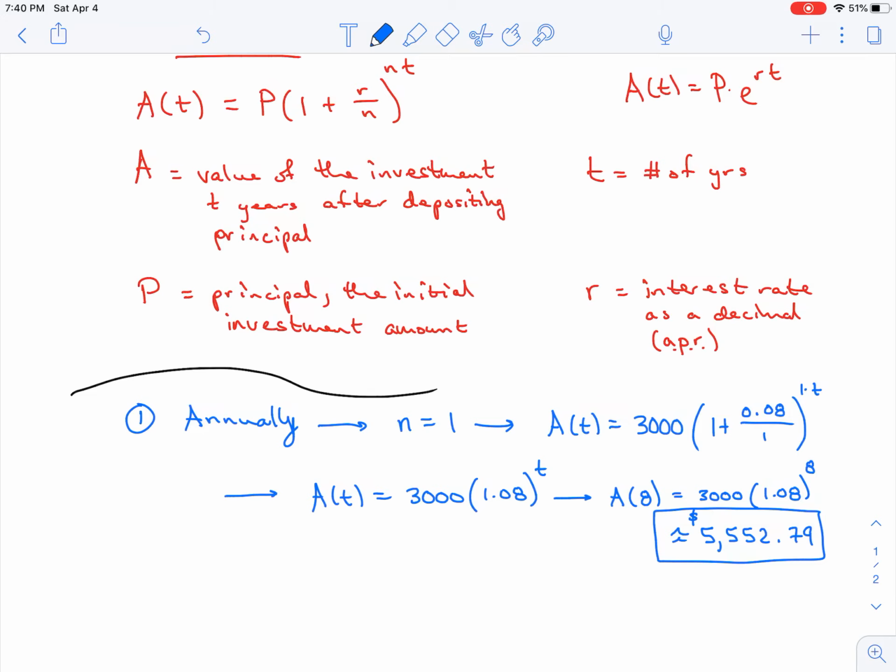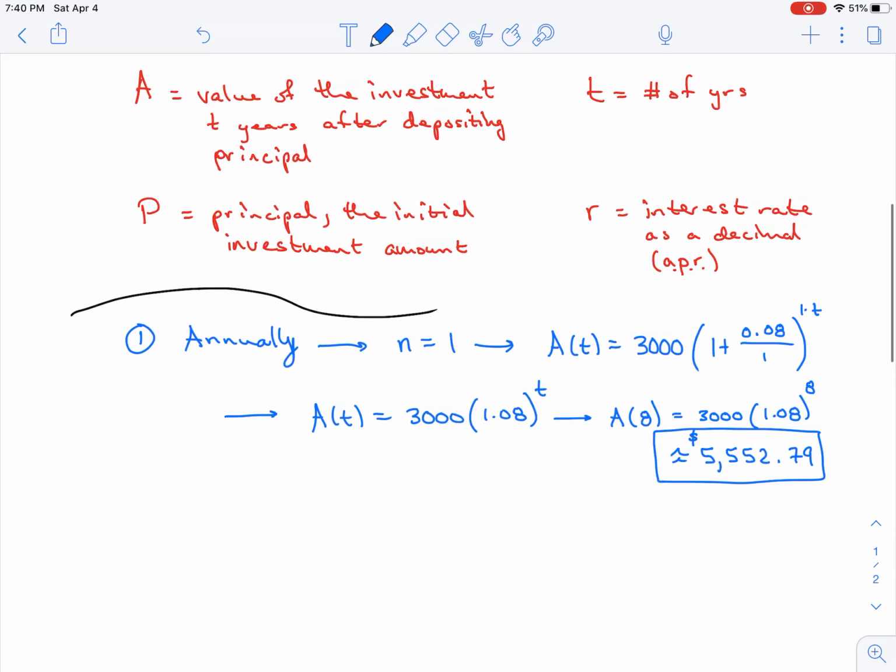All right, so basically, while 8% is still a handsome return, we'll find that compounding annually is not ideal.